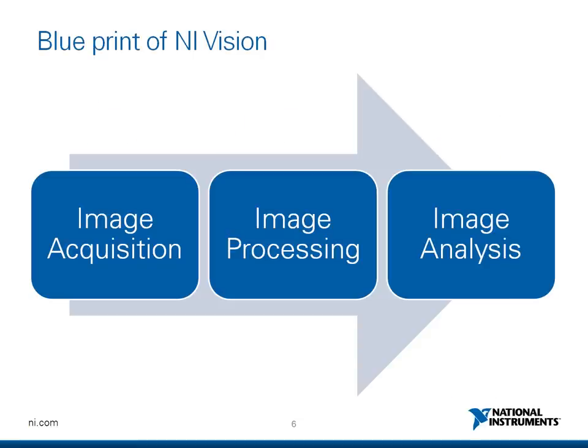So let us first go ahead and discuss the blueprint of NI Vision. We have three steps particularly: image acquisition, image processing, and image analysis. Image acquisition, as the name suggests, is basically the way we acquire the image. NI provides a lot of cameras and a lot of development environments for acquiring the image.